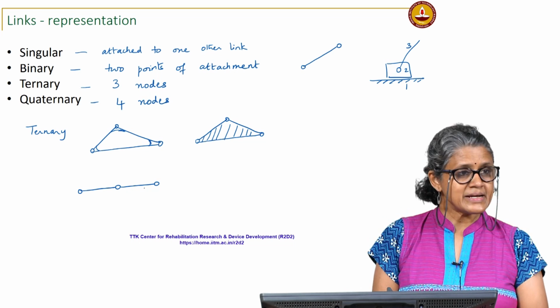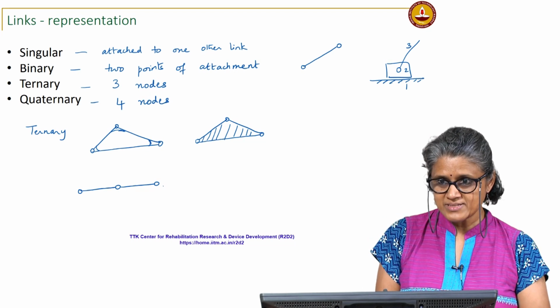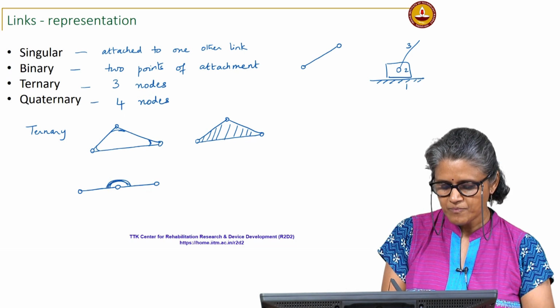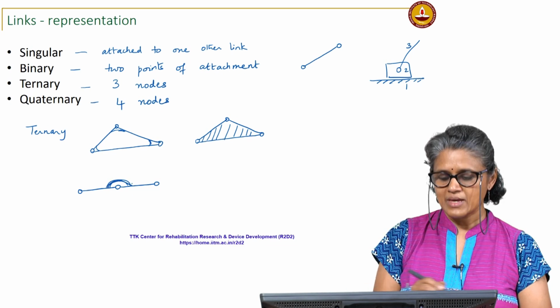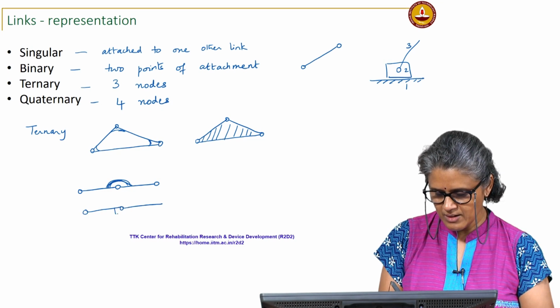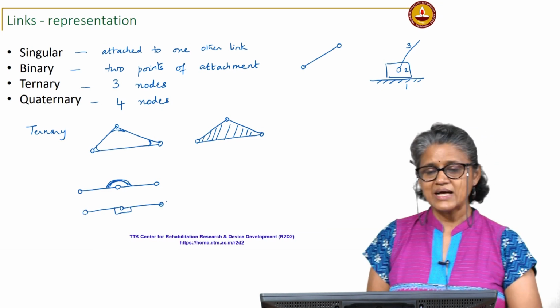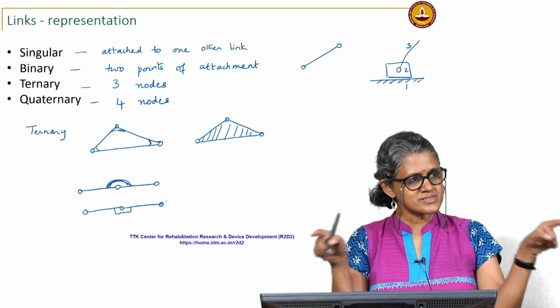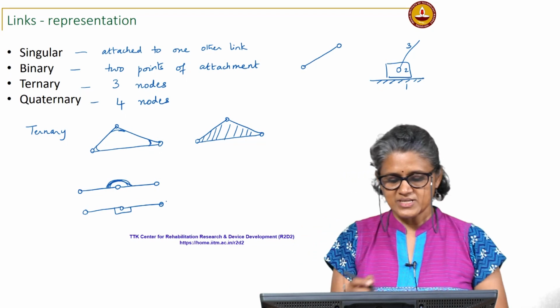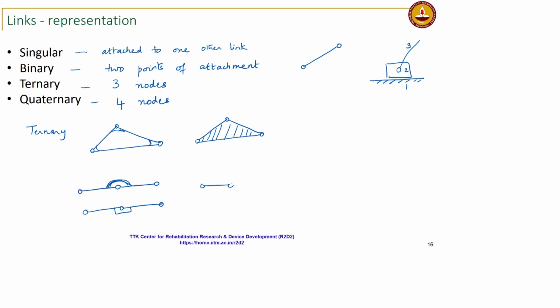You would normally interpret this as 2 binary links unless it has this weld. In that case it could be like this or like this. It has to have that weld to show that it is one link, since the nodes could be on the same line. This is different from this, which is 2 binary links.